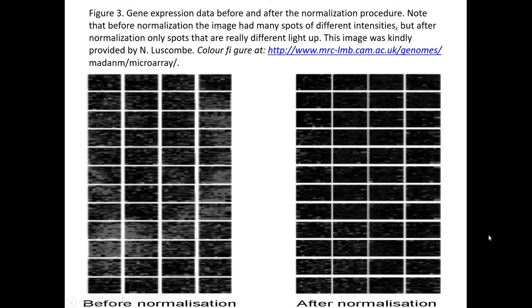In these two figures you can see, figure 1 shows the microarray data before normalization. Here you can see the light spots scattered around, showing many spots of different intensities.